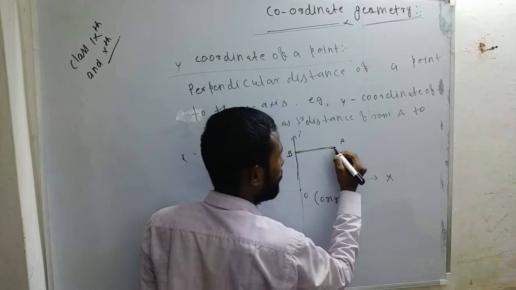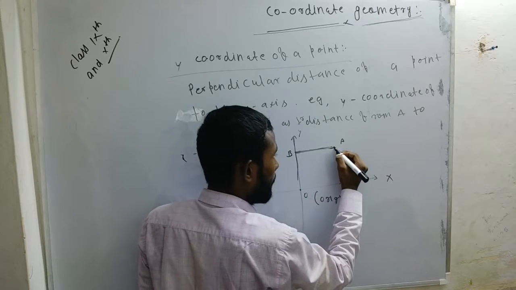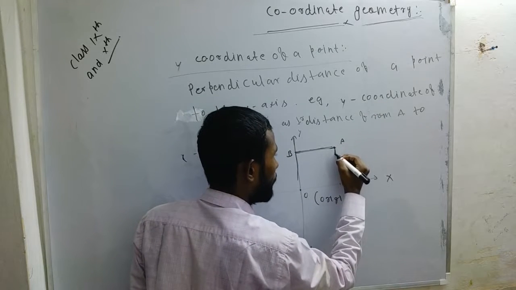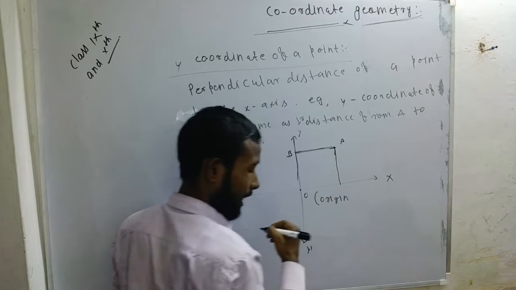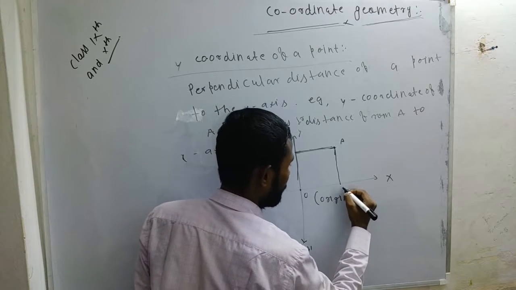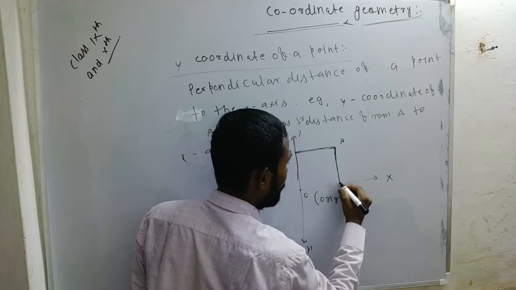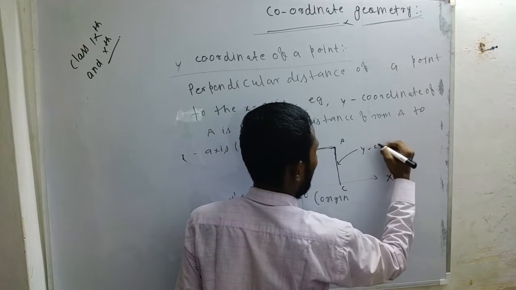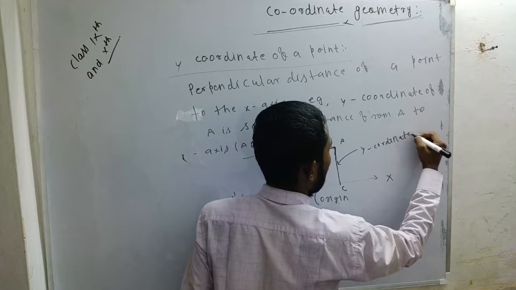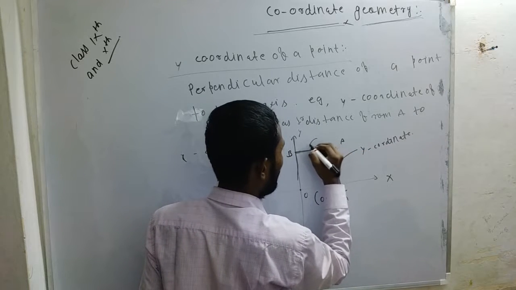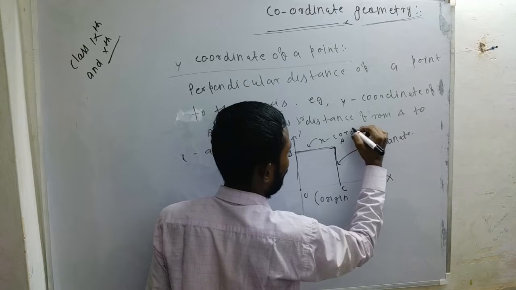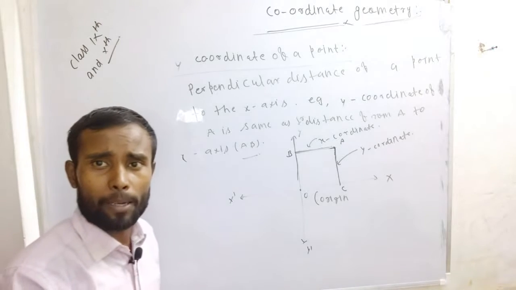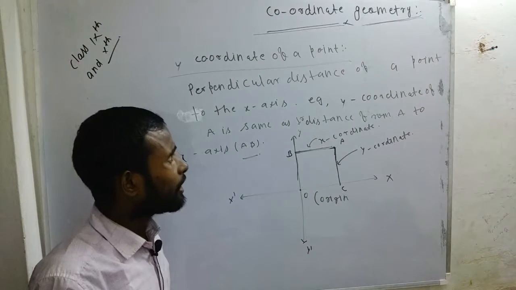That means if we have to determine the y coordinate of any point, firstly we draw a perpendicular from this point to x axis. This length, that means AC, represents the y coordinate, while this length AB represents the x coordinate.